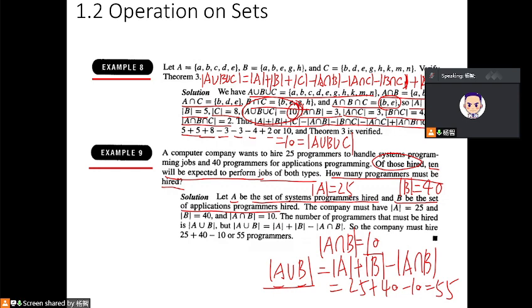This is actually an application of the inclusion-exclusion property of sets, so it's very useful for our daily life. Do you understand? Clear? Yes, teacher, clear. Okay, next page.